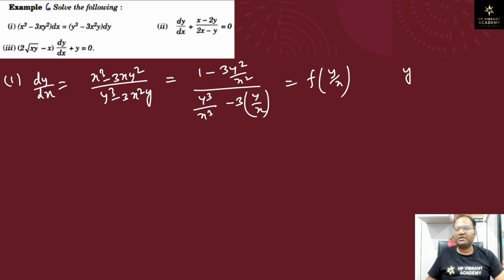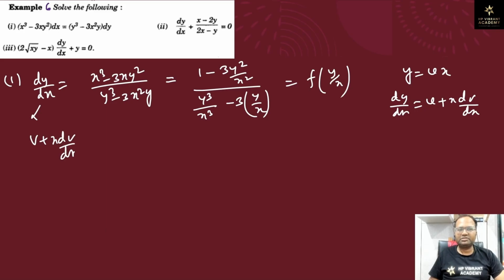So let us take y is equal to v times x. So we have dy upon dx is equal to v plus x dv upon dx. Let us put it here, so we have v plus x dv upon dx is equal to (1 minus 3v square) upon (v cube minus 3v).